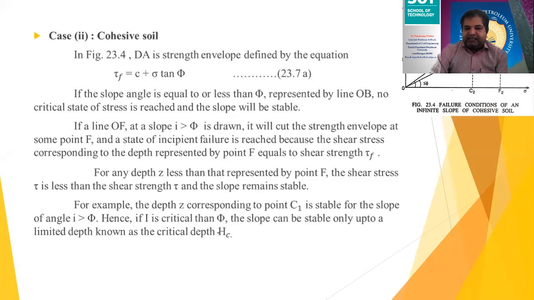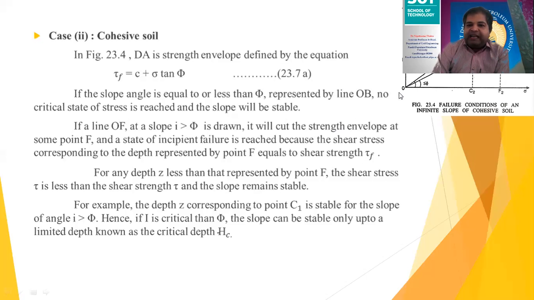Then, if you plot it like the OB line, there is no critical state of stress reached and the slope is going to be stable, because all the points are well below your strength line.